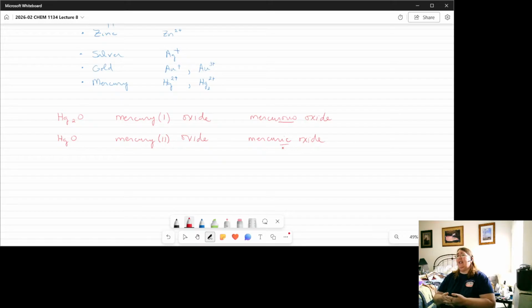So they decided they're not going to do it this way anymore. We're just going to put the charge of the cation as part of the name. When you see mercury 1, you know that's the +1 charge of mercury, and so you know it is this molecular dimer. If you see mercury 2, you know that's the +2 charge of mercury. That's this.